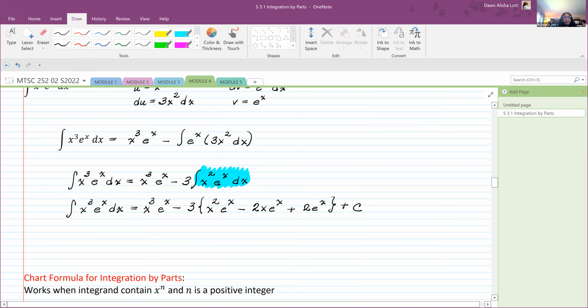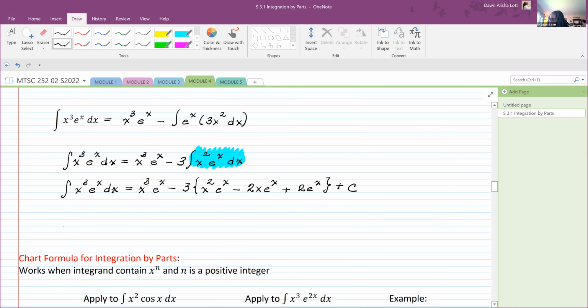Okay. So now we have the integral of x squared. Nope. Erase that.